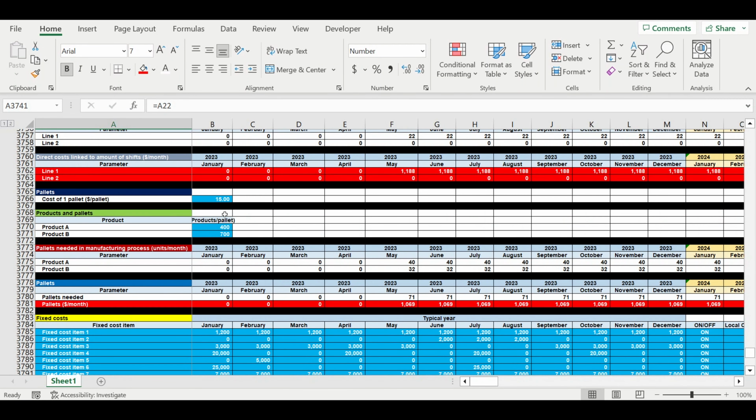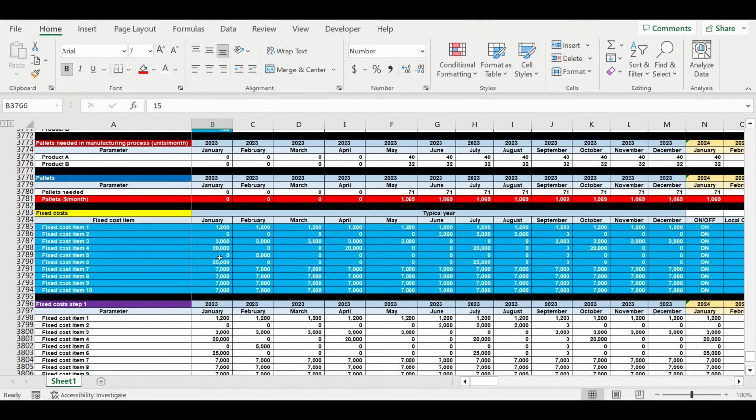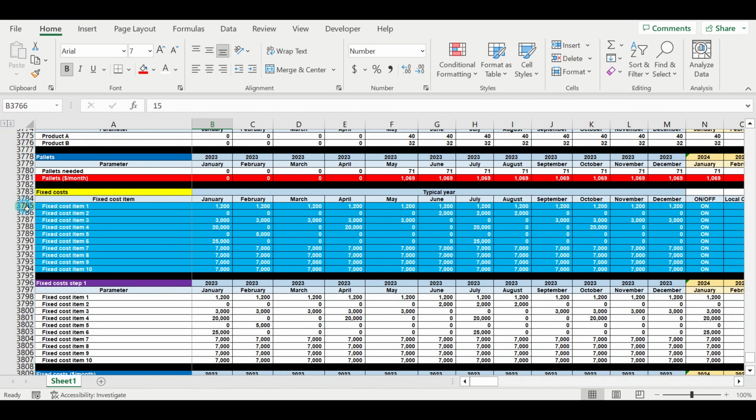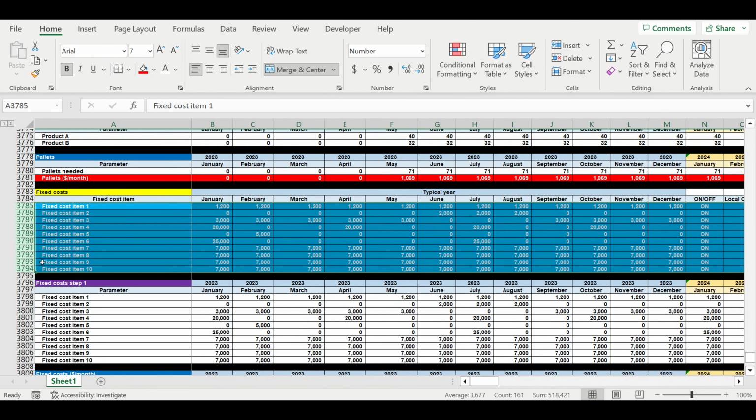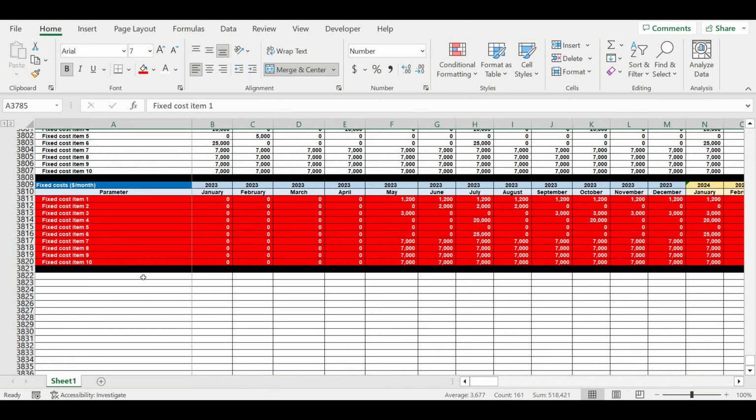Then we moved to packaging costs like pallets. Then we focused on fixed expenses. And now we will be talking about the loan.